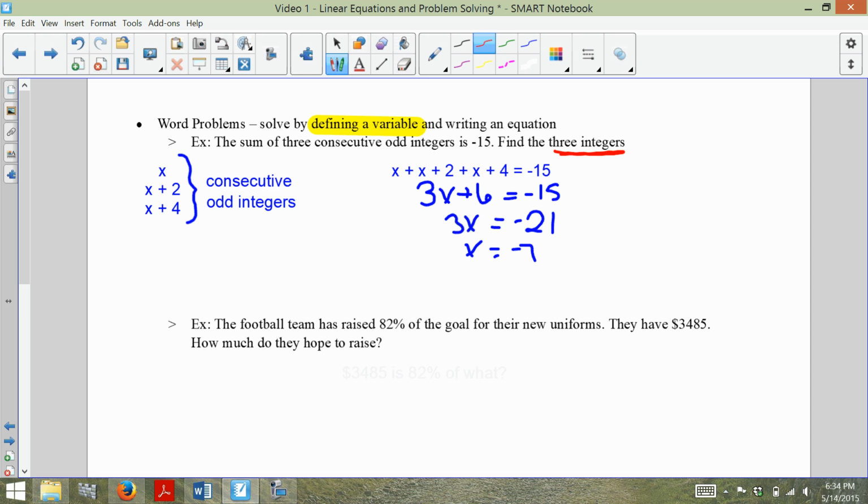I want to make sure that I finish with all three of them. So I have x is negative 7. I also want x plus 2. Negative 7 plus 2 is a negative 5. And finally, x plus 4. So negative 7 plus 4 is going to give me negative 3. So here are my three consecutive odd integers.